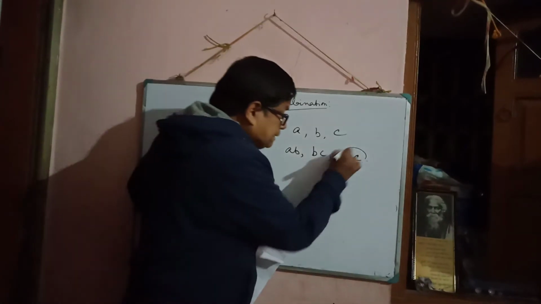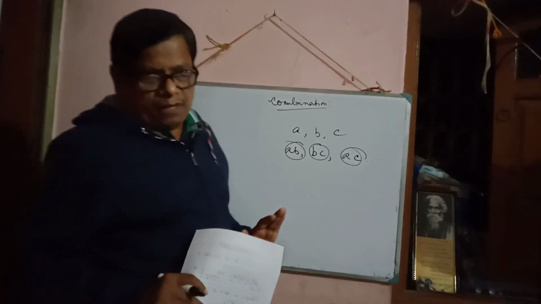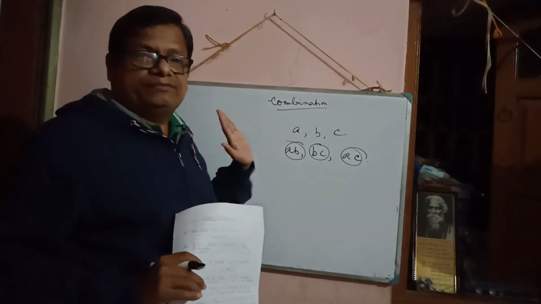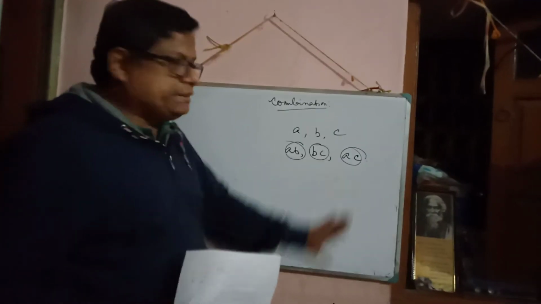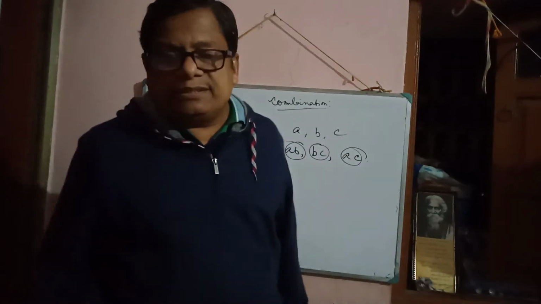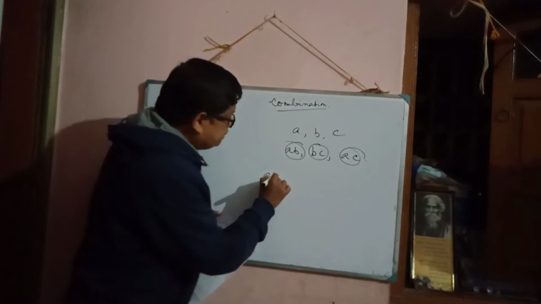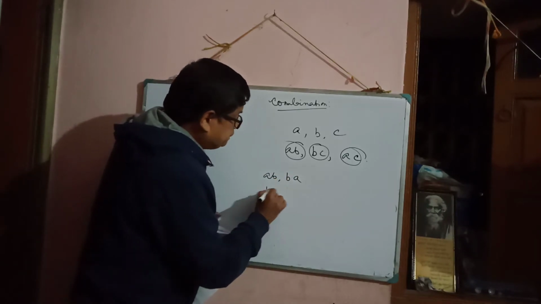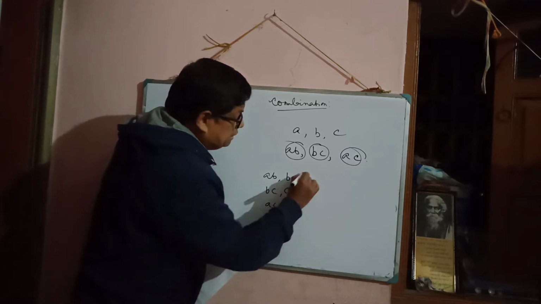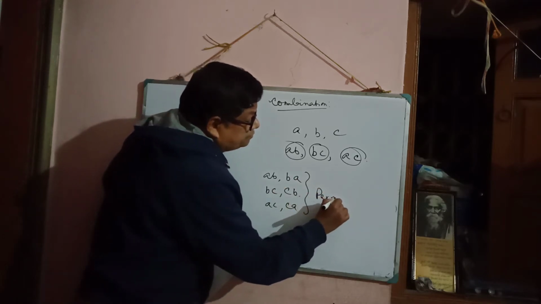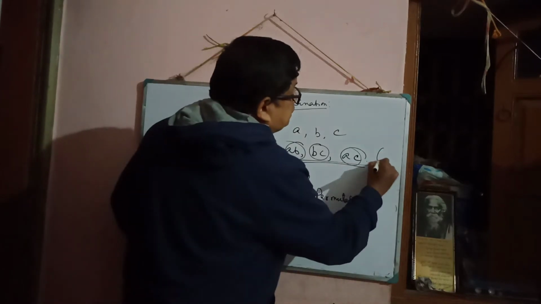So if we consider three letters, the number of combinations is 3, but the number of permutations is 6: AB, BA, BC, CB, AC, CA. These are permutations, and these are combinations.